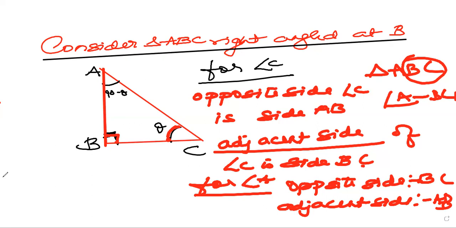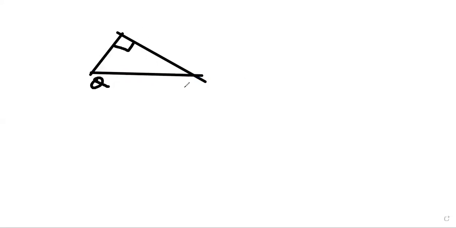For example, let me take any right angle triangle, triangle PQR, which has a 90-degree angle at P. Please have a look at this right angle triangle. Angle Q and angle R are acute angles.